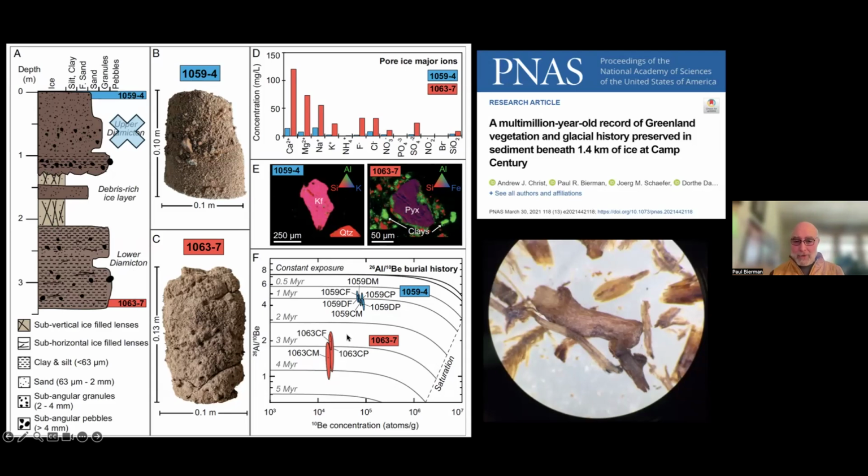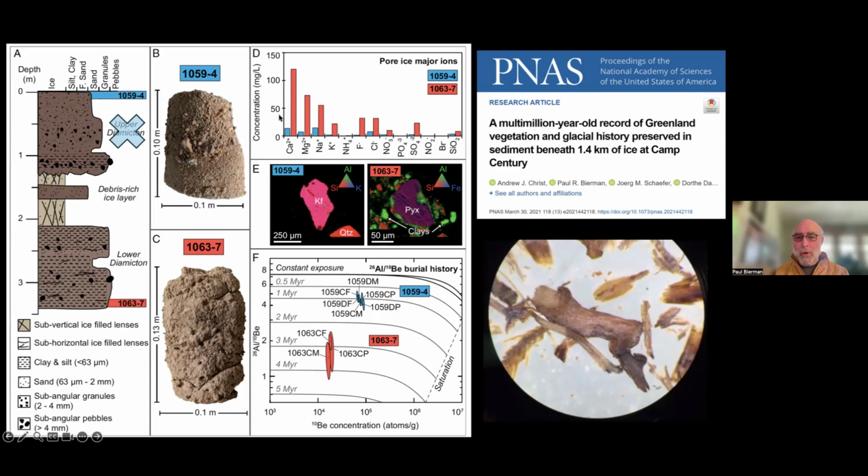And we did our beryllium and aluminum measurements, and those were quite illustrative to us. We put the material under an SEM, and the low sample is in red, the upper sample is in blue. And even if you don't know anything about SEM analysis, you can look under that and say, those look really different. The lower one has a strong signal of pedogenesis, of soil formation, all these grain coatings that you can see. The upper one, the grains are clean.